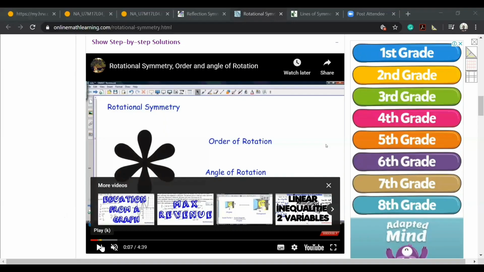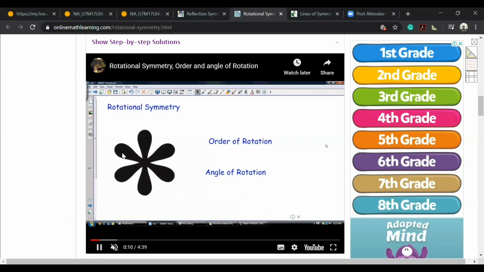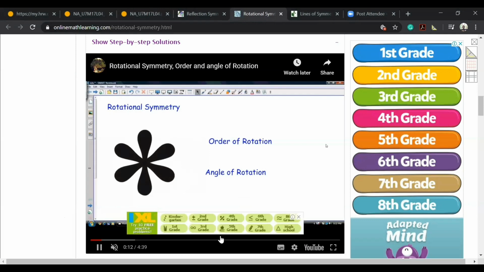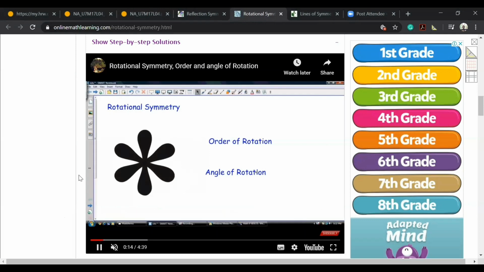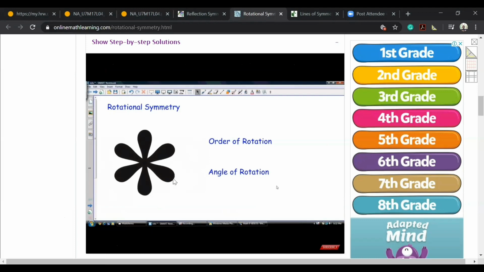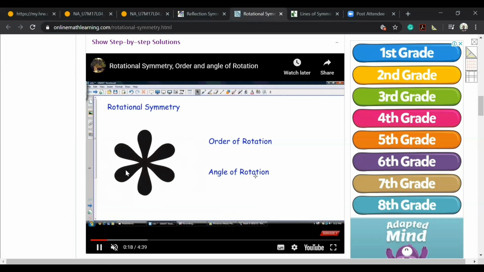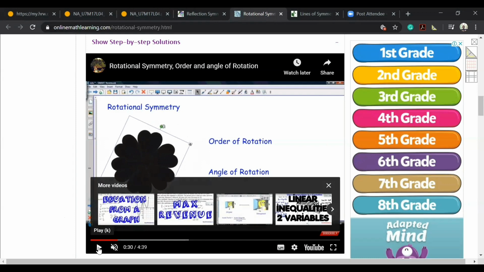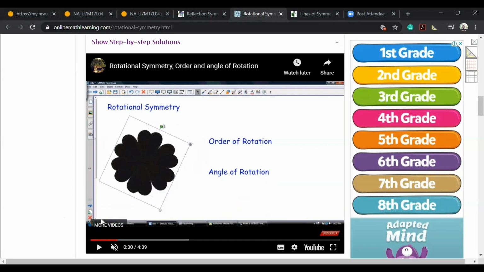Okay, let's see this, for example. Can you see this star or ceiling fan or whatever, this shape? Does it have a rotational symmetry? If we consider that this is going to be moving around this point, the point of rotation, let's see how it is going to rotate. Now, if we stopped exactly in here, we rotated it by a certain degree.